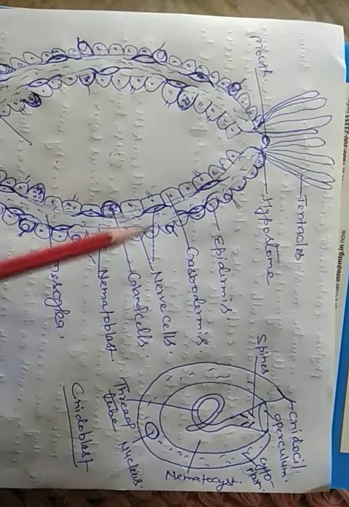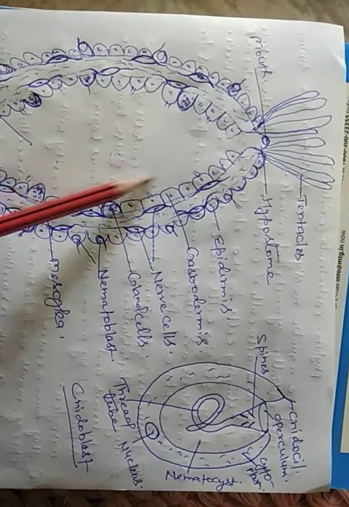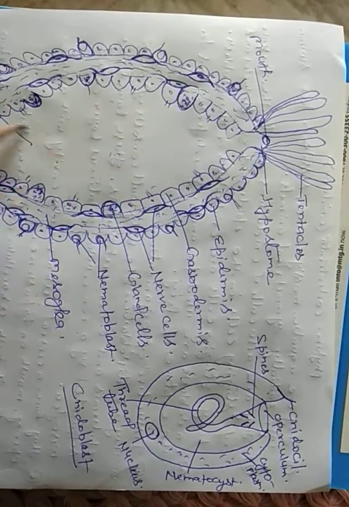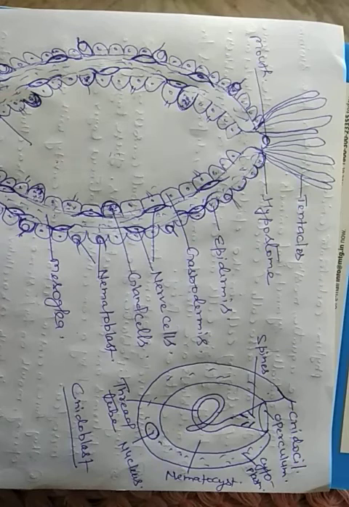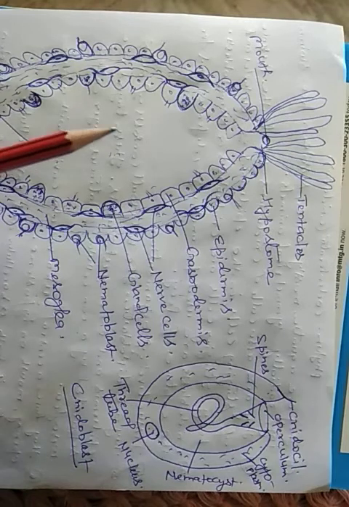So this is the body wall, and in the body there is a central cavity. This central cavity is called the coelenteron, or gastrovascular cavity. Why is it called the gastrovascular cavity? Because it helps in digestion as well as transport of food materials.